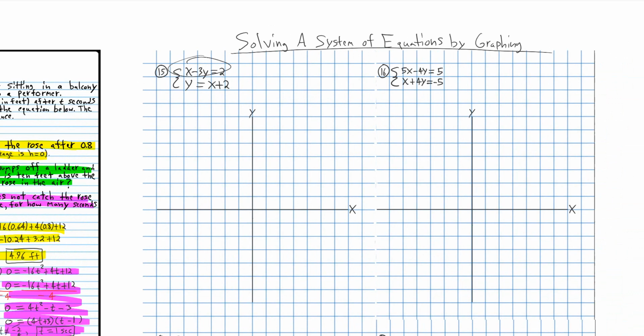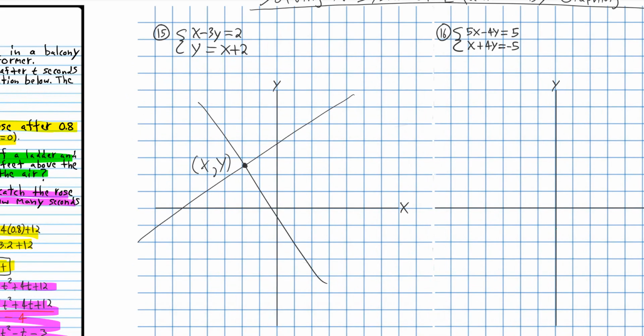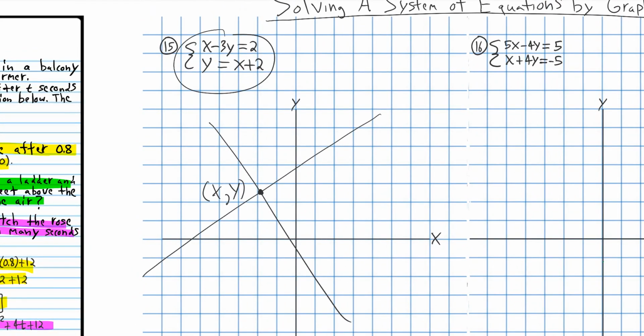I graph this one, and it ends up being this line. It won't be that line, but let's just say it were. Then I graph this equation, and it ends up being this line. Then the point where they intersect is going to have an x value and a y value. And remember, when you solve a system of equations, you have to find x and y. So this x value and the y value, they're going to be the solution to this system. And that's how you use graphing to solve a system of equations.